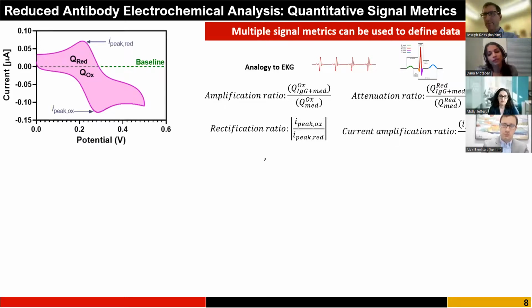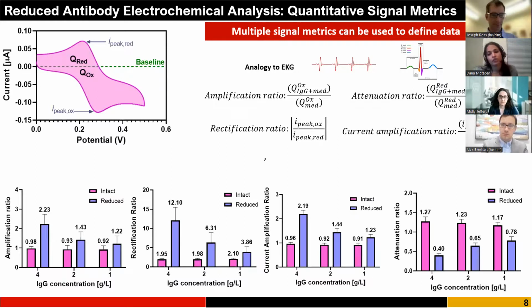The plot on the left here shows how we're defining the different areas of the curve, and on the right are the equations for the metrics that we're going to apply. And then the graph below shows that all of our metrics align well with our curves. As expected, you're getting higher metrics for your reduced antibody as compared to the intact antibody, so it was showing what we wanted to see.